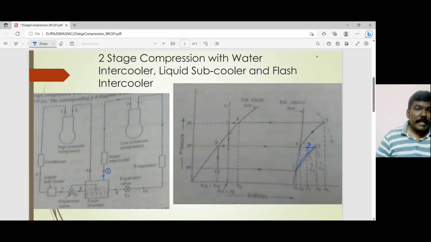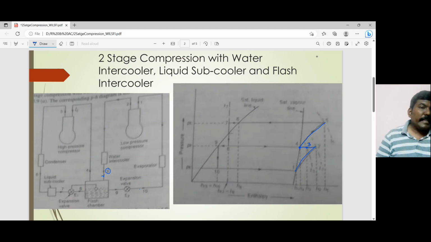In this case, this is a dry saturated state. So from 3 to 4, from 3 it is in the superheated region. Then when it goes to the flash chamber, it is converted into the dry saturated state. And then it enters into the high pressure compressor where it is compressed further to 4, 5.